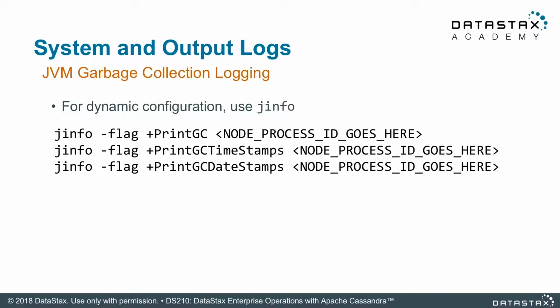For that dynamic configuration, there's jinfo, which is really about how to manipulate the JVM external to the JVM, and allows you to do some runtime changes. Sometimes you need to just do it for a few minutes, understand what's happening, get out. It keeps you from having to make a commitment of putting it into a log file. And if you're afraid of commitment, it's a great way to go.